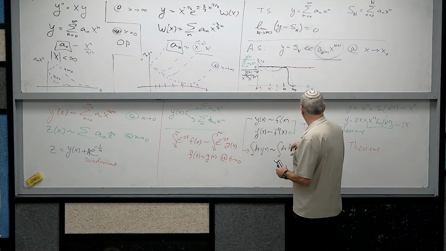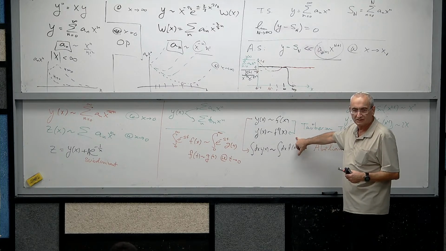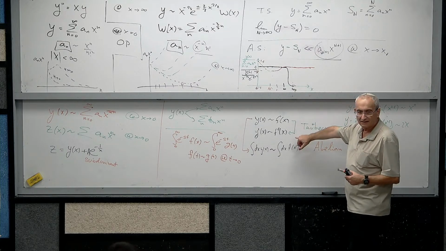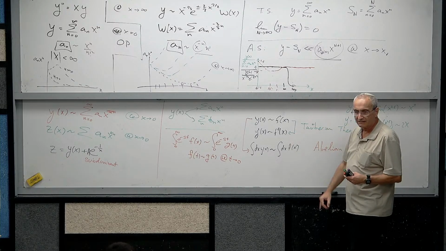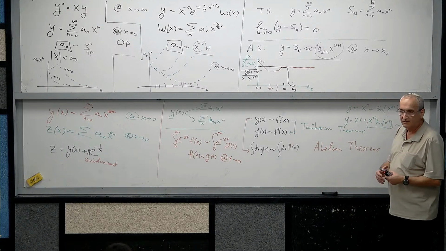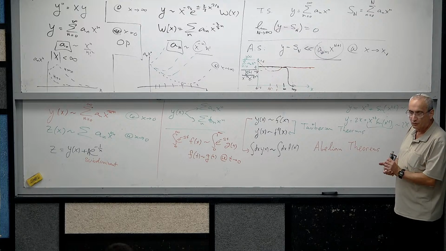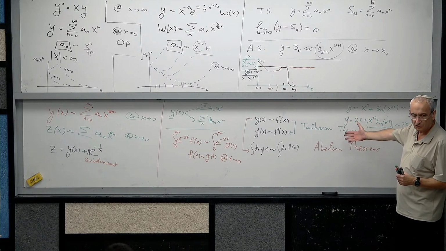Tauberian theorems deal with the conditions under which one can take the derivative of an asymptotic relationship and it will still be true, and it will preserve the asymptotic relationship.